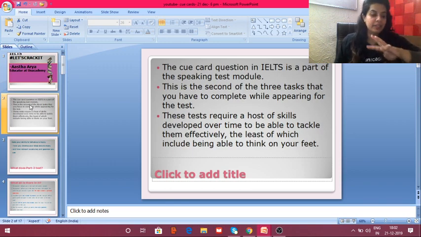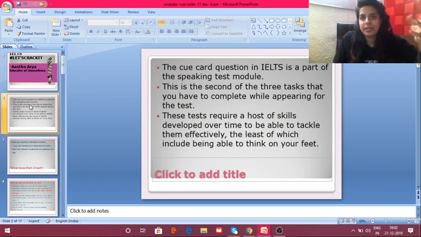So there are basically three parts. Second is cue cards. These tests require a host of skills developed over time to be able to tackle them effectively. And the least of which include being able to think on your feet. So you have to have a very good presence of mind.